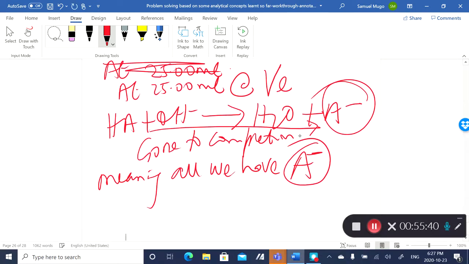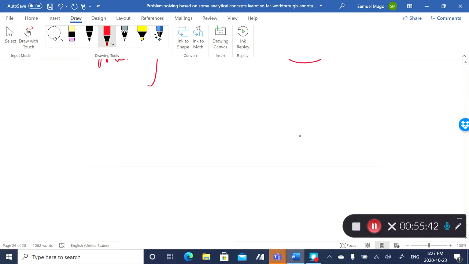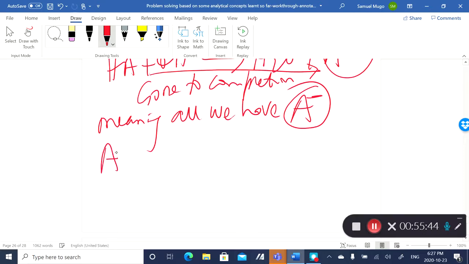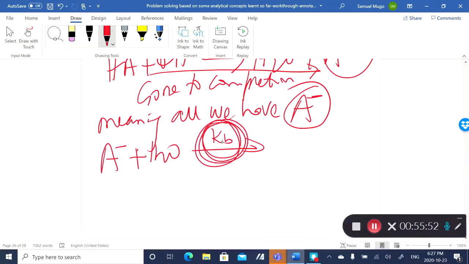Now we know that a conjugate base undergoes hydrolysis. Take note of this. Now it is a Kb. Very important landmark again, the equivalence volume. Sort of the opposite happens.